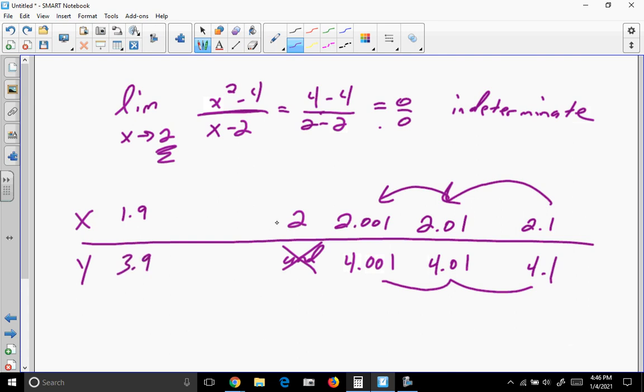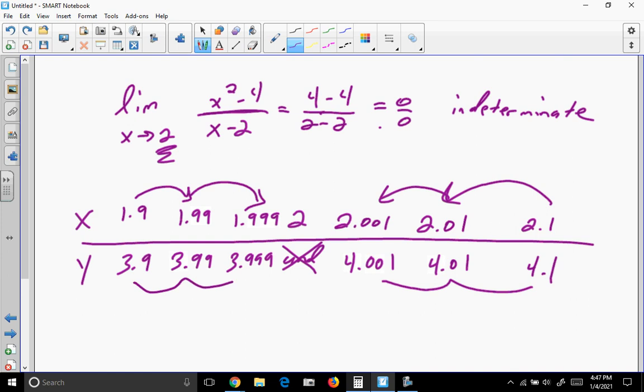That's a tenth away. If we get a hundredth away, we would be at 1.99, and this turns out to be 3.99. If we get a thousandth away, we would be at 1.999, and this would turn out to be 3.999. So here our x is smaller than 2, but it's getting closer and closer to 2, not quite to 2, but really close. And our answer is getting closer and closer to 4.